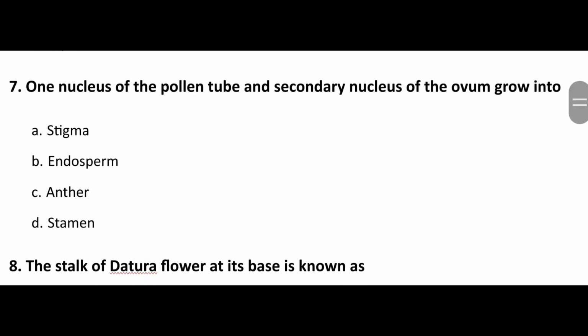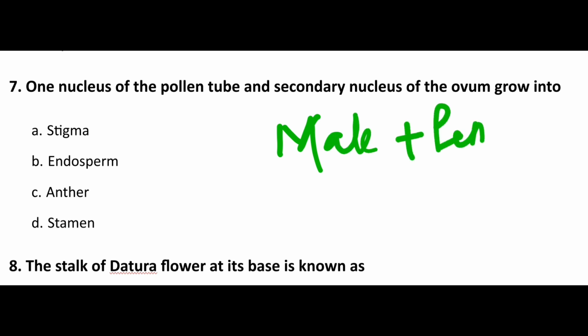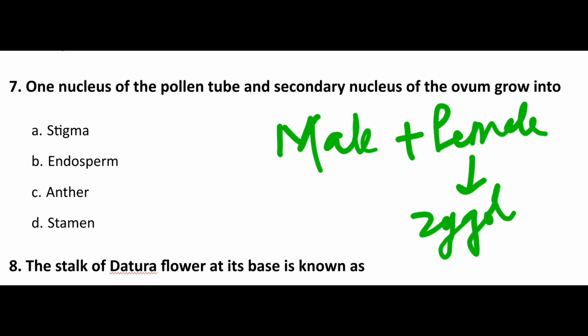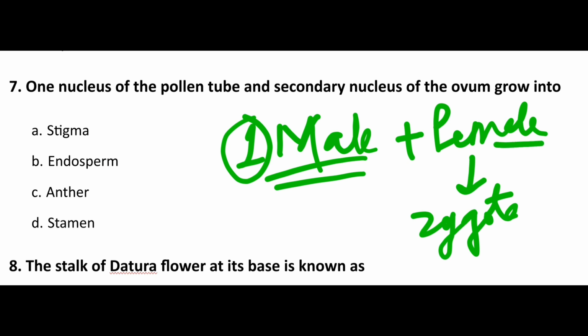Then question number 7, one nucleus of pollen tube and secondary nucleus of ovum grows into. One male gamete fuses with the female gamete, that is the egg, and forms the zygote.